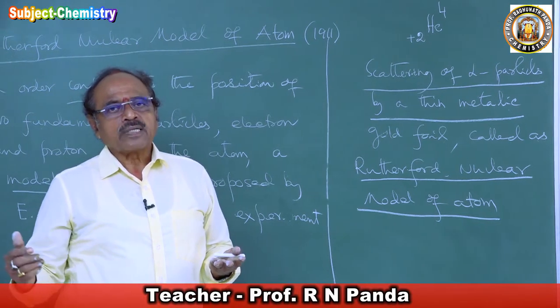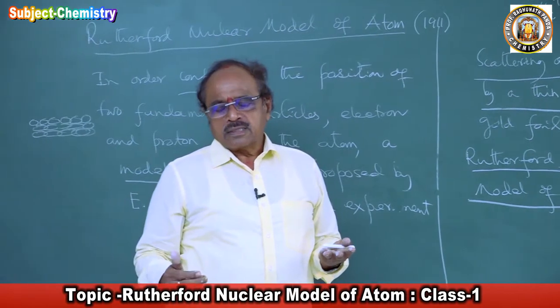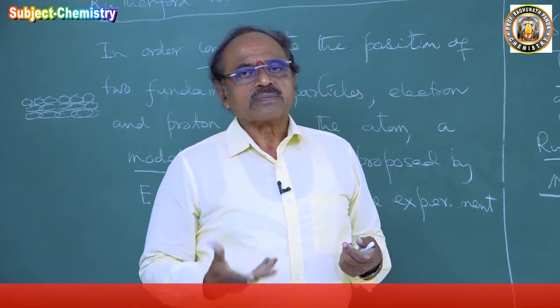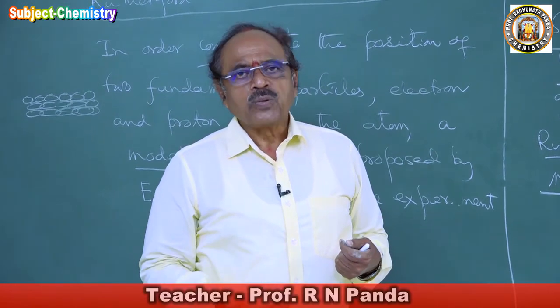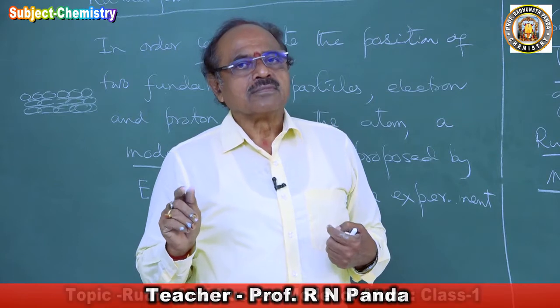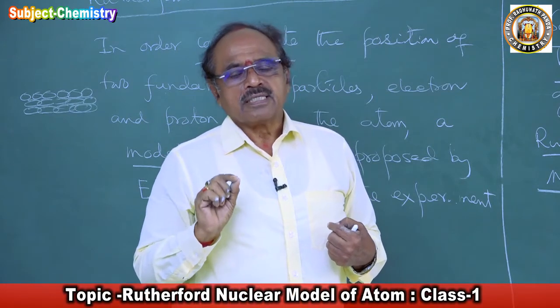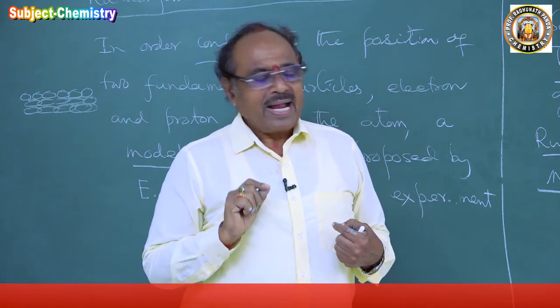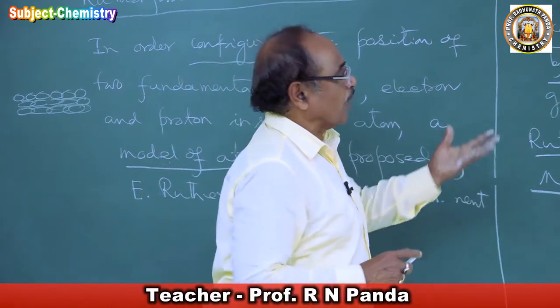But if you take copper, iron or silver, they will react with atmospheric oxygen to form oxides. It will be a compound, and then the observation will not be related to an atom. So very consciously he chose the thin gold foil.